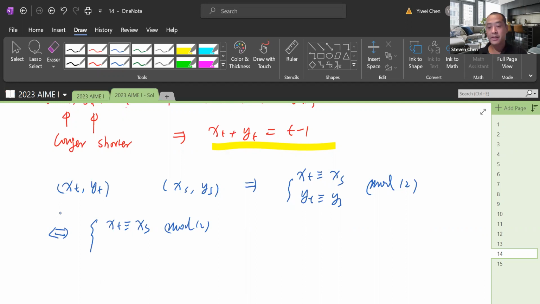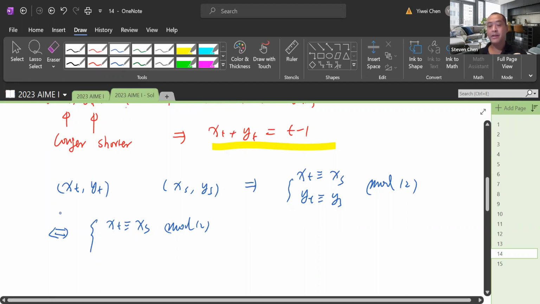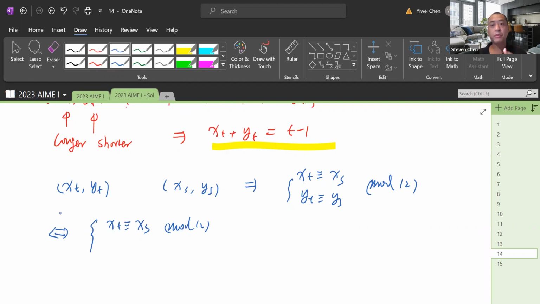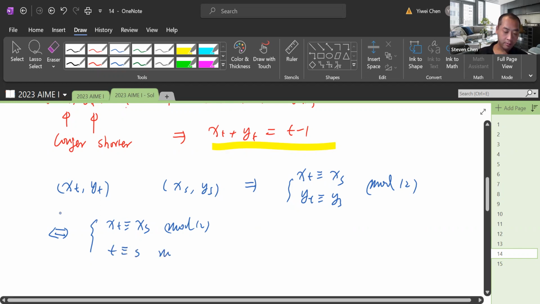So it becomes x_t plus y_t is congruent to x_s plus y_s. Recall that x_t plus y_t is equal to t minus 1, and x_s plus y_s is equal to s minus 1. So the second condition reduces to t being congruent to s.